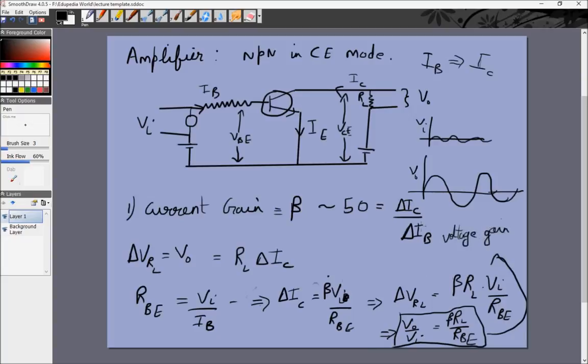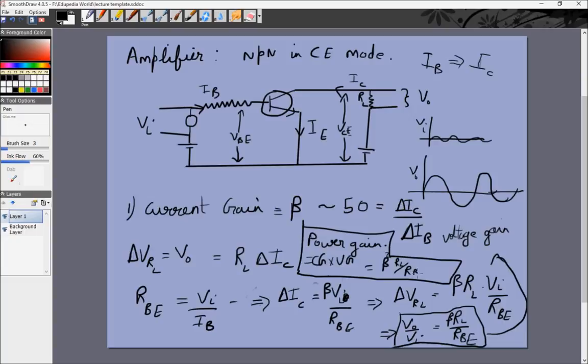And we already know beta is around 50, and if we take RL to be much greater than RBE, then the amplification can actually be very large. Right. Then there's another term that is defined for these transistors used as an amplifier. We have current gain and voltage gain. The next is the power gain, and that is simply the current gain multiplied by the voltage gain, and that will come out to be beta squared RL by RBE.